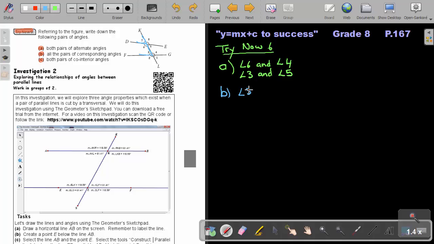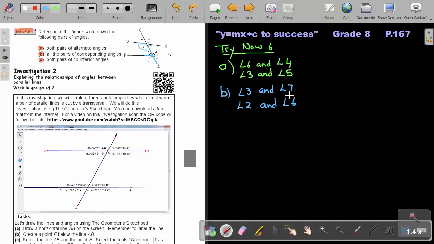So angle 3 and angle 7. Then we clean. We make another F on the same side, but like this. So what will it be? 6 and 2. So angle 2 and angle 6.